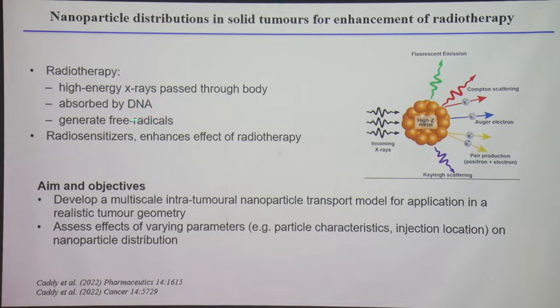So the efficacy of radiotherapy can be impaired in some patients, and it would be desirable to enhance the efficacy of radiotherapy through the use of specially designed nanoparticles, and these are called radiosensitizers. And these are different from the TSL that I talked about. In this work, we collaborated with a nanoparticle expert who designed these particular nanoparticles for the enhancement of radiotherapy.